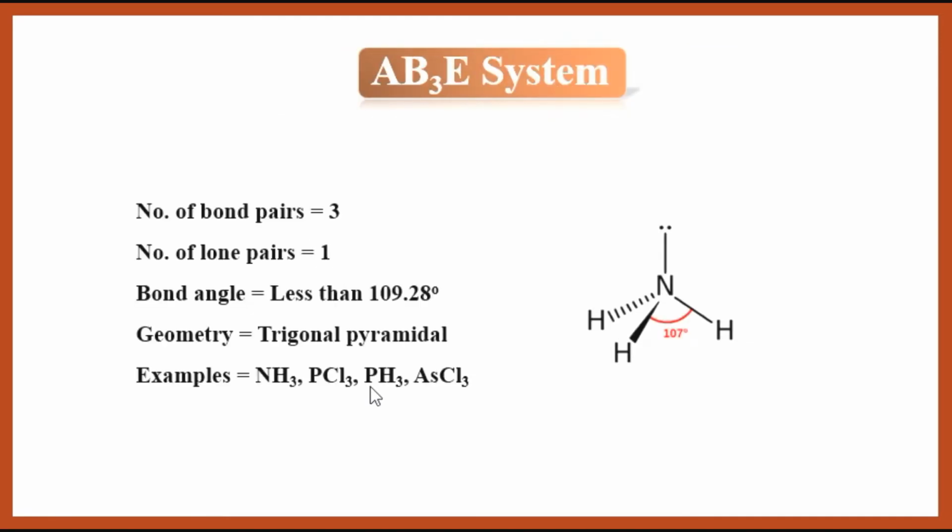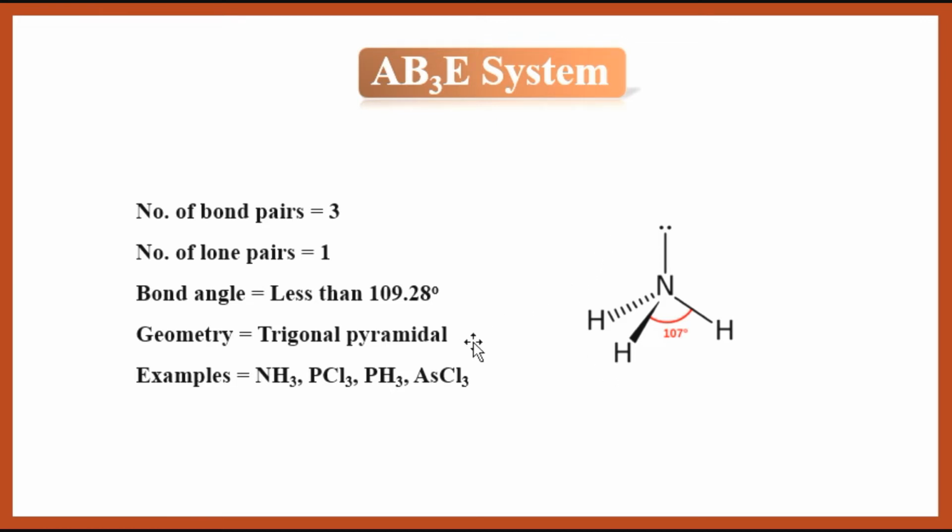Then the subcategory of the AB4 system is the AB3E system. That means a central atom A has been bonded with 3 bond pairs and has 1 lone pair of electrons. The value of the bond angle in this case would be lesser than 109.28 degrees, because the 1 lone pair would repel these bond pairs closer to each other and away from the lone pair of electrons.